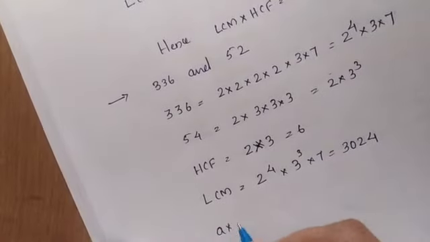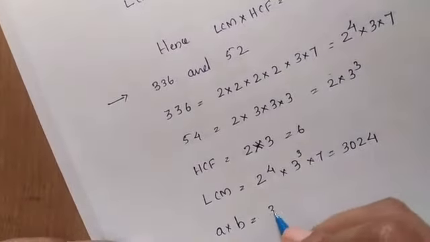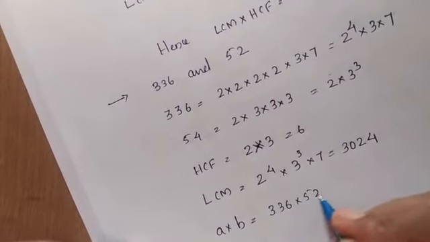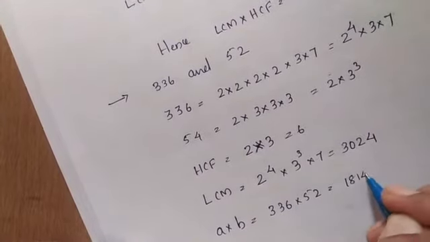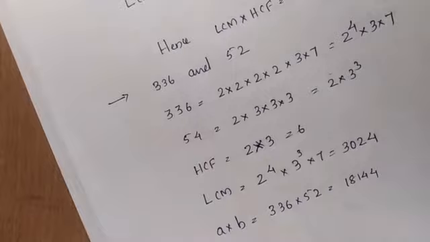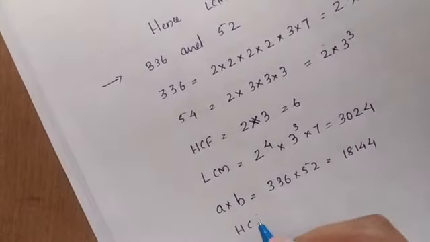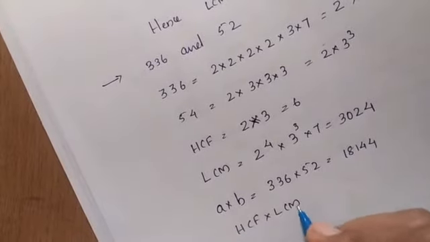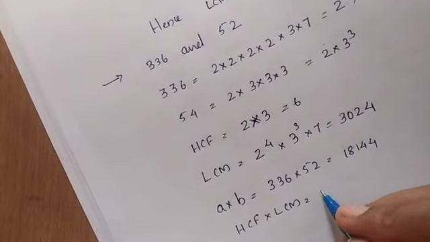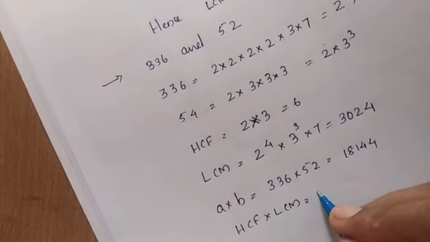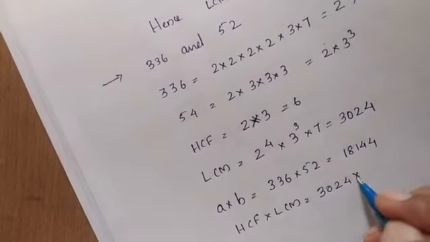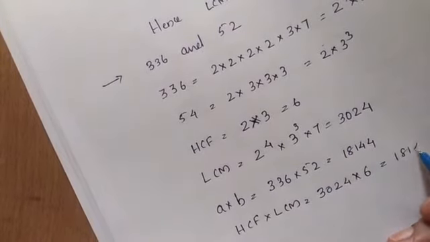So A into B, we multiply 336 into 54, we get the value 18144. HCF into LCM is equal to 3024 into 6, which is equal to 18144.